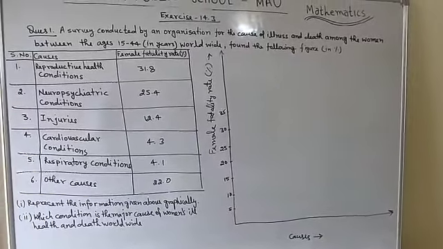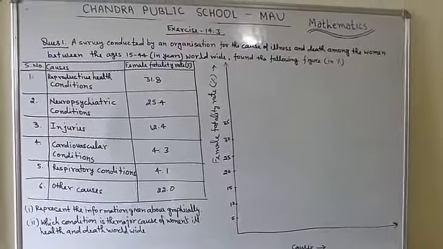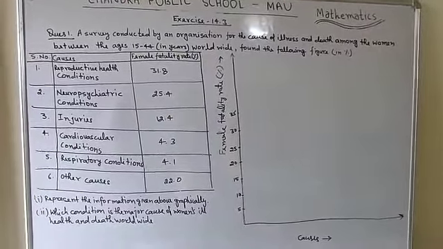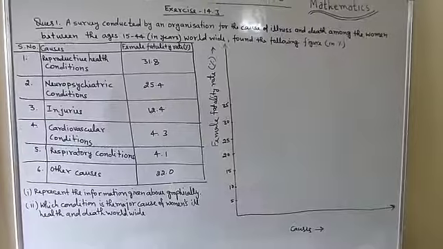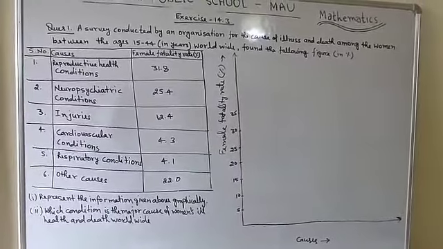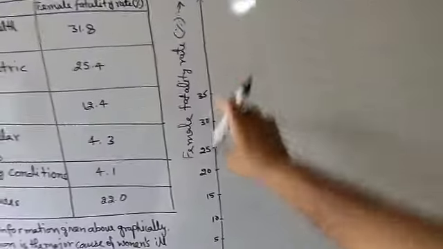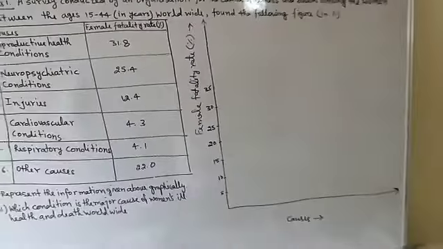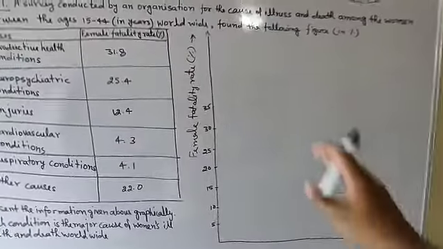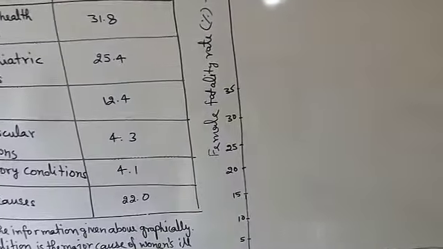So first you need to represent it on the graph. So if you are going to represent it on the graph, you need to draw the bar graph. Only it is written you need to represent on the graph. It means you need to draw the bar graph. So here I am going to explain on the board, but you need to draw it on the graph. You need to take a graph sheet of paper where you will draw the y-axis and x-axis.